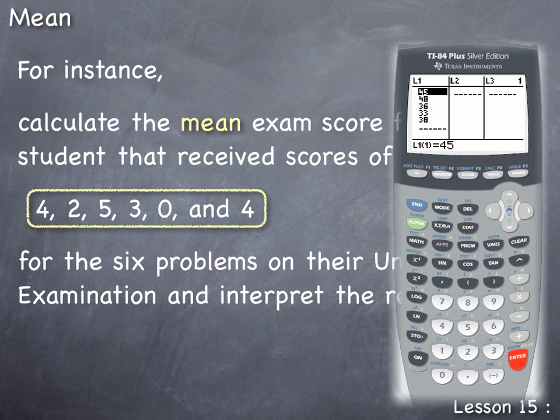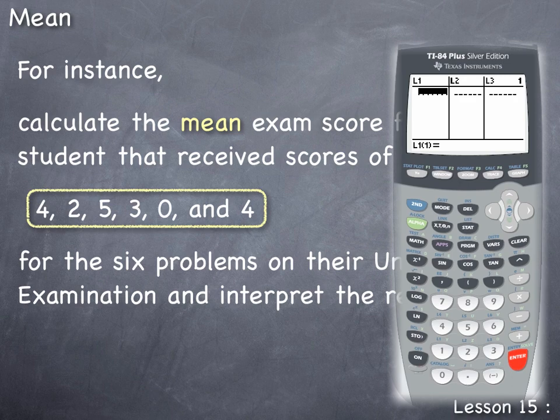You could choose any list to put your data in. If there's already data in a particular list, like there is here in List 1, you can use your arrow buttons to navigate up to the list name you want to use, in this case L1, and then pressing Clear, Enter, will clear out any old data to make room for new data.